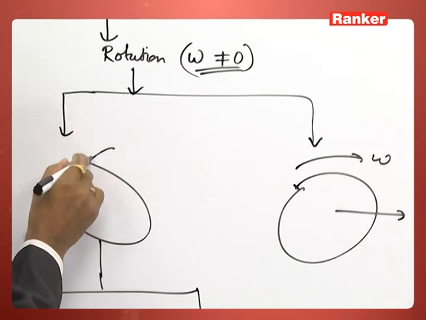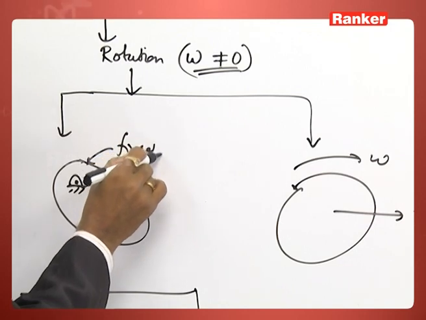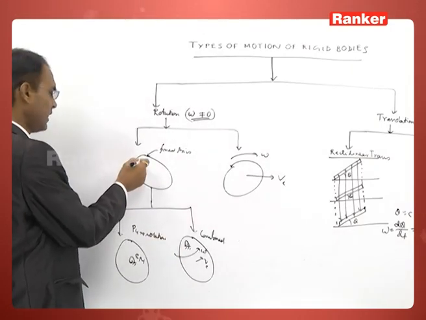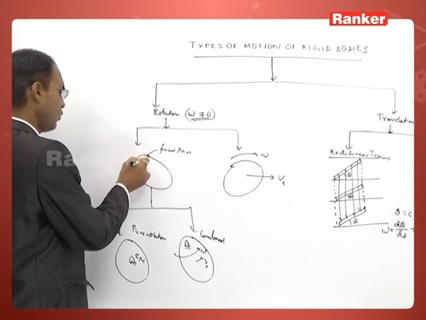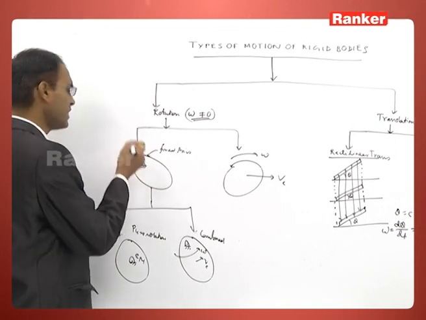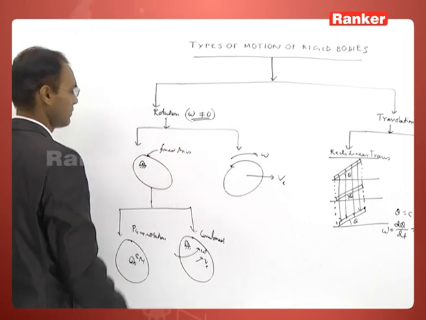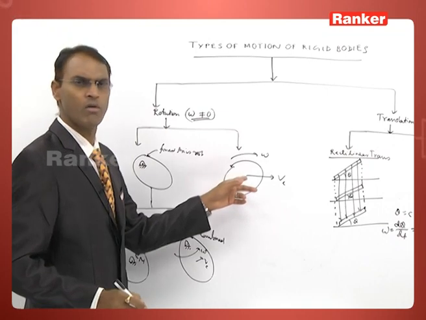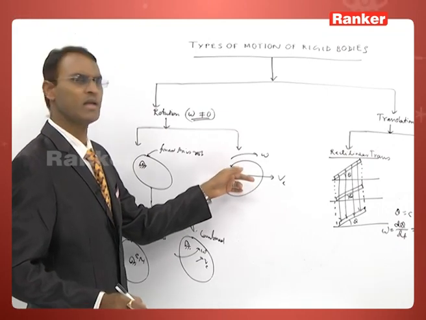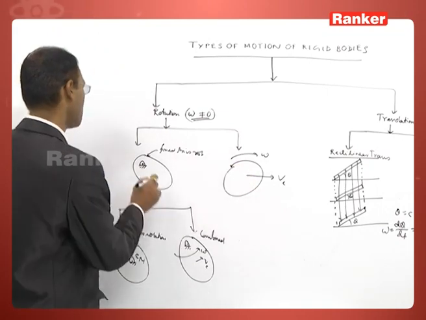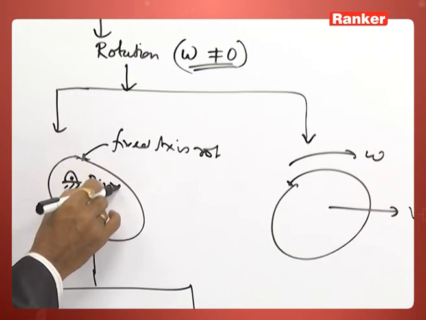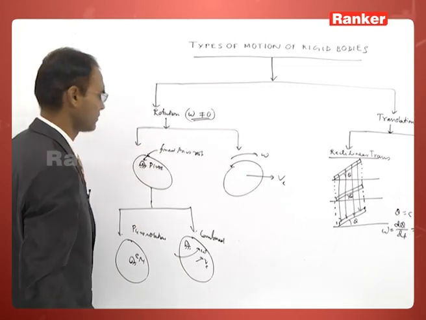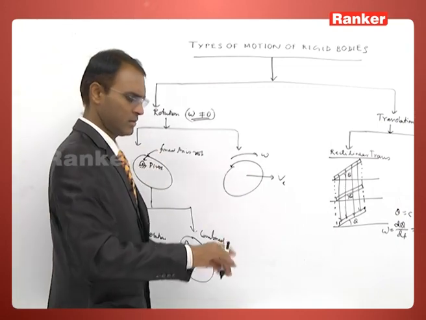Here is the axis, called the fixed axis. You pin the rigid body, it is constrained: fixed axis rotation. And here there is no pinning, no pivot. The pivot is fixed here; there is no pivot here, it is free.